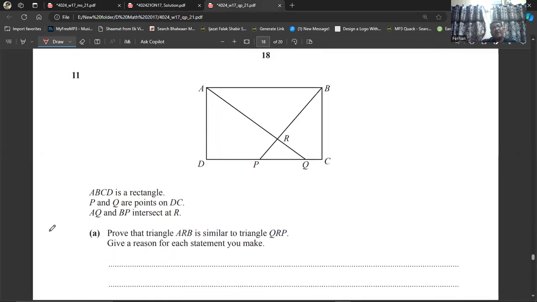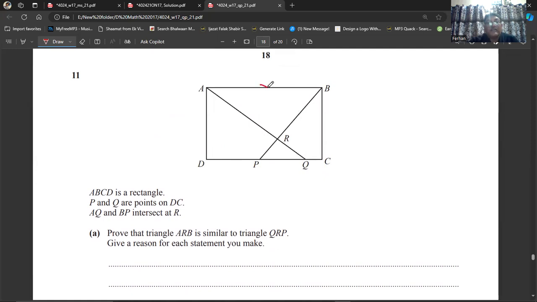He says ABCD is a rectangle, and P and Q are points on DC, and AQ and BP intersect at R. Prove that triangle ARB and triangle QRP are similar to each other. Give a reason for each statement.